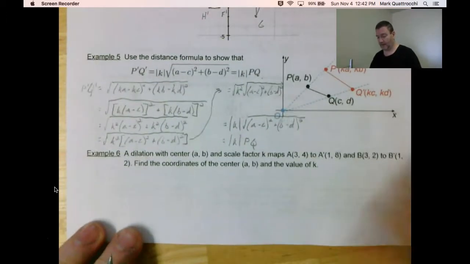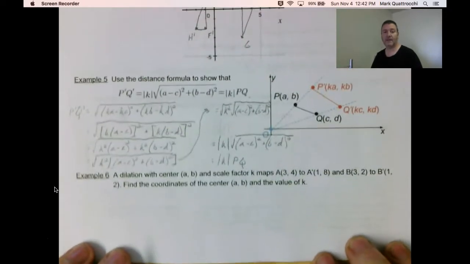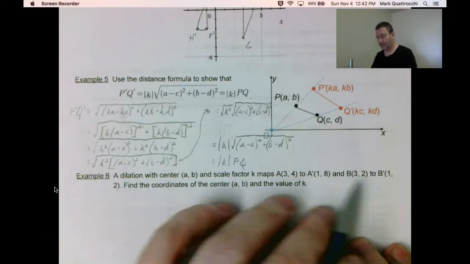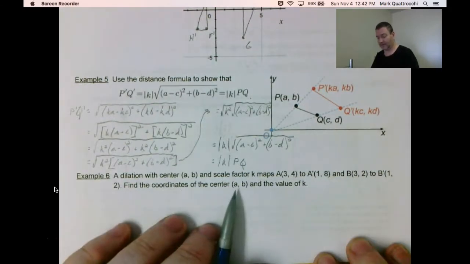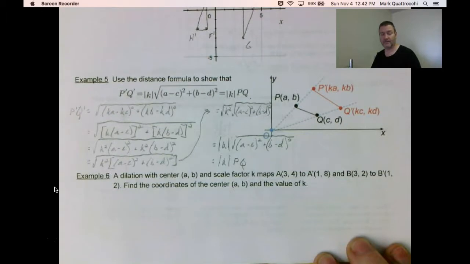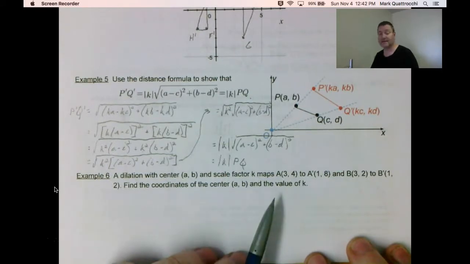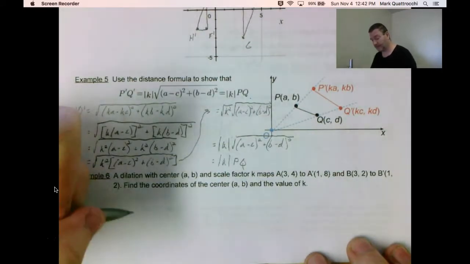Okay. A dilation with center A, B and a scale factor k maps A to A prime, B to B prime. Find the coordinates of center and the value of the scale factor k. So the center in this case is not the origin. It would be nice if it was, but it's not.